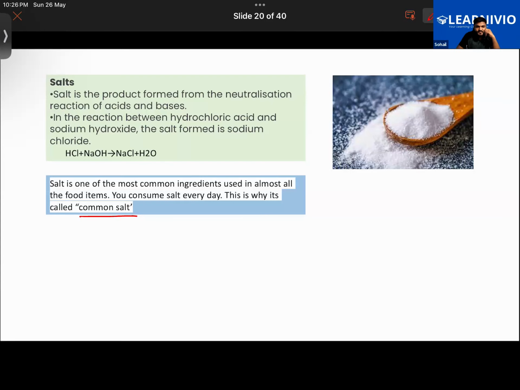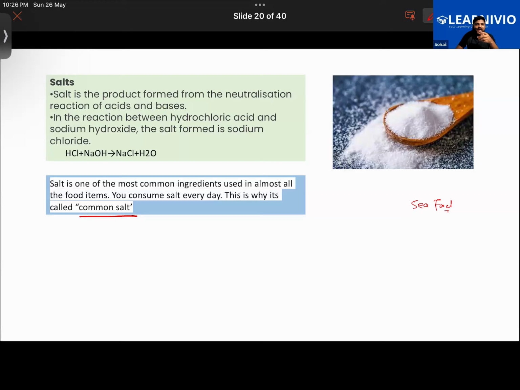For example, if you talk about us humans, you have different kinds of seafood or some meat.